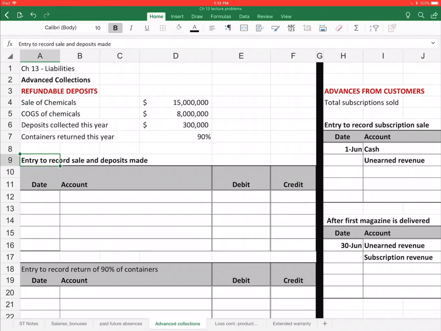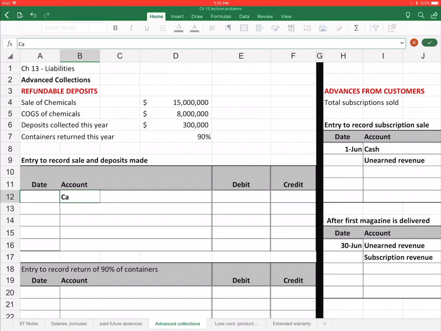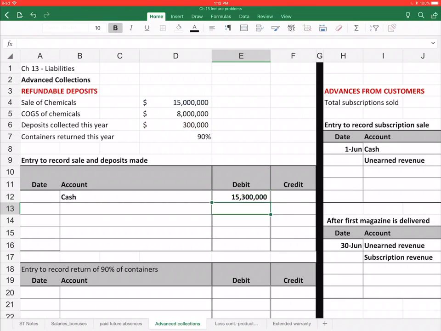The first entry that we want to record in our journal is just related to the sales that were made and the deposits that were received, as well as the cost of goods sold of those chemicals that we sold to the customers. So again, just to record the actual sale of those goods and the deposits that we received, we're going to debit cash, and cash is going to be debited for the $15 million plus the $300,000 that we received from those customers as it relates to those containers.